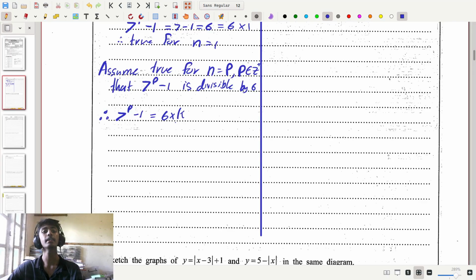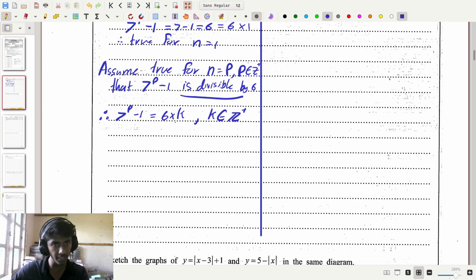So we can say 7^p minus 1 must be equal to 6k, where k is some element of the positive integers. If for n equals p, 7^p minus 1 is divisible by 6, then 7^p minus 1 must be equal to 6 times k for some integer k.